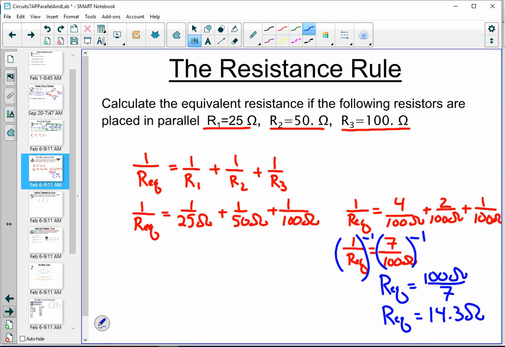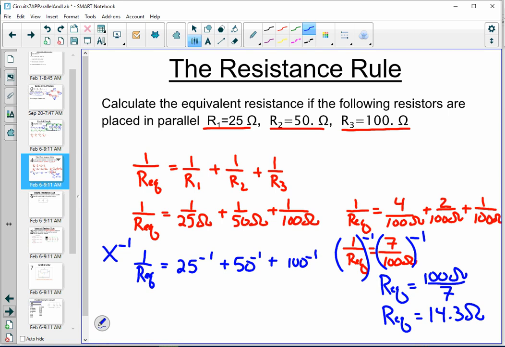Now, it's important to be able to do it by finding a least common denominator, but let's talk about how to use your calculator. The button you'll use a lot in this unit is the inverse button, the x to the negative 1 button, which is the button immediately below the math button on your TI. The expression that you would do on your calculator for 1 over Req would be 25 inverse plus 50 inverse plus 100 inverse.